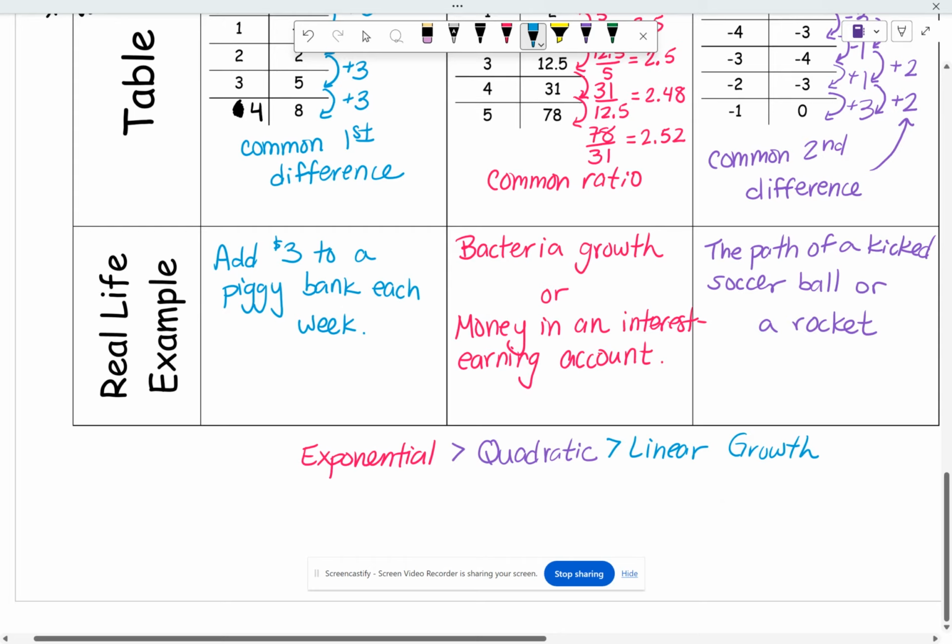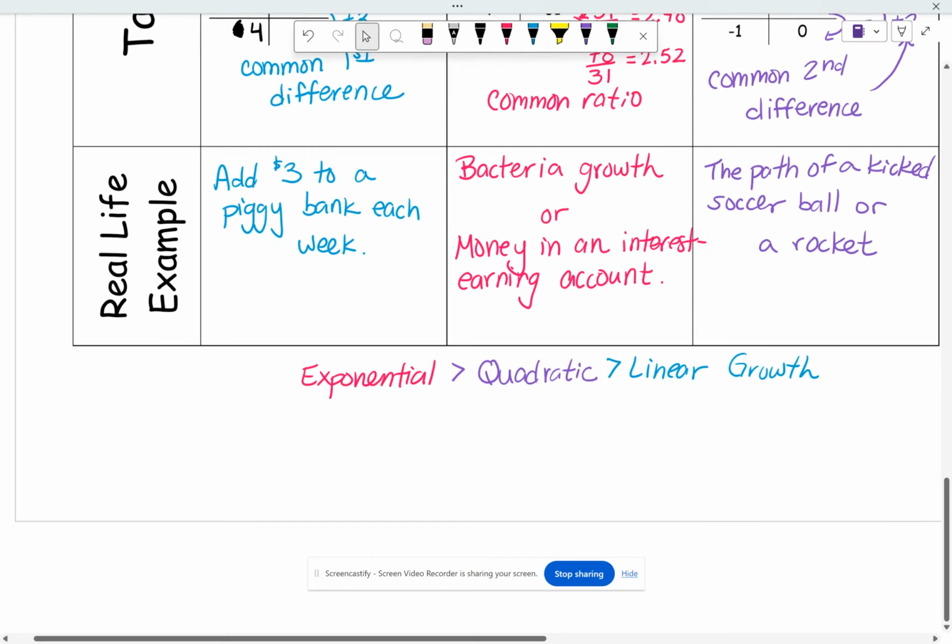Hopefully you already wrote on your paper somewhere that exponential is greater than quadratic, which is greater than linear growth.